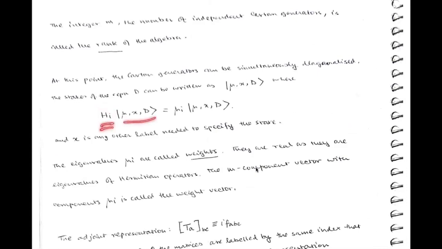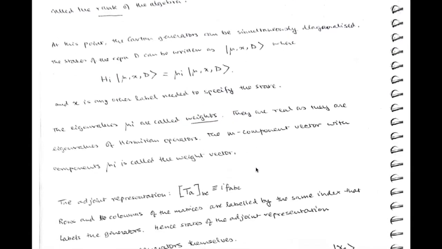So let this be a state, and the eigenvalues of the H_i will be called mu_i, and the mu_i are what will be called the weights. The m-component vector with mu_i as its m components will be called a weight vector.